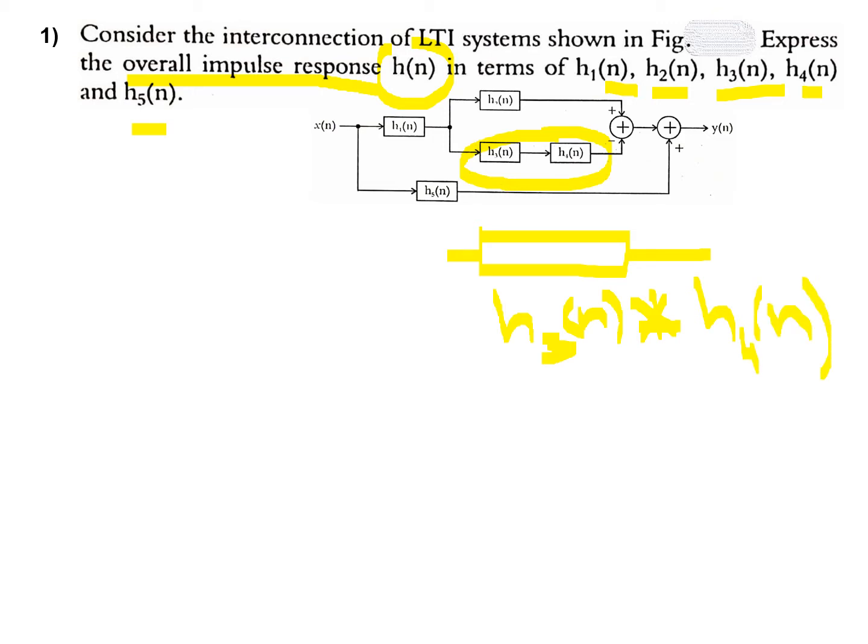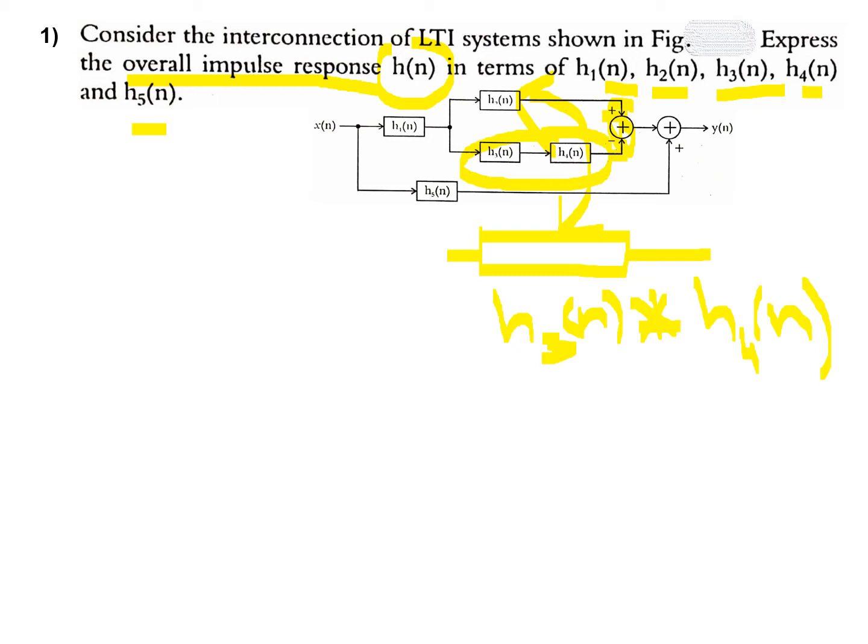This single block and this block are in parallel, isn't it? They're in parallel, but you can see here in the summing node, there is a plus sign in the upper and a minus sign in the lower. That means now it is a subtractive mixing. It is subtraction.